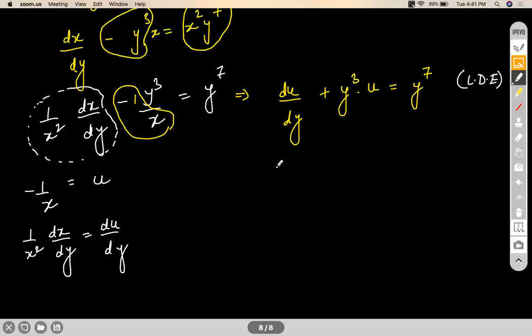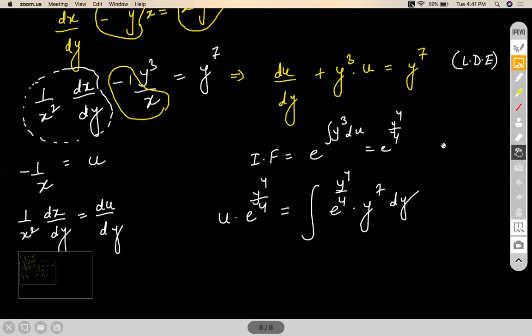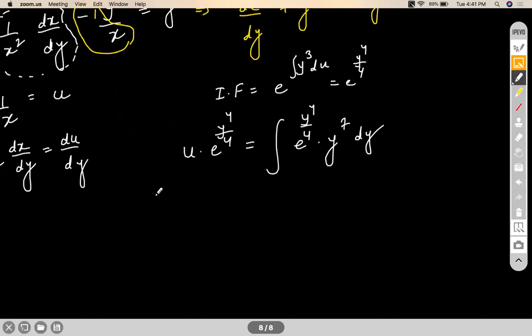So your integrating factor over here would be e to the power integral y cube dy, which is e to the power y to the power 4 by 4. So your final result here would be u times e to the power y to the power 4 by 4 equal to the integral of e to the power y to the power 4 by 4 into y to the power 7 dy. Now, in order to solve this, I'm going to take y to the power 4 by 4 as t.